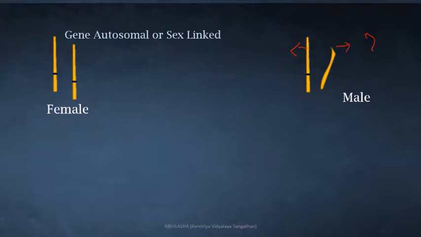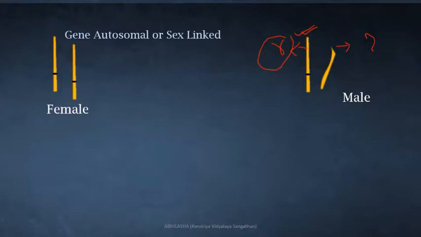If the corresponding allele is absent, then if the allele present on X chromosome is dominant, it will be expressed. Now even if it is recessive, since it has no corresponding allele on Y, this r will be expressed, or the recessive allele will be expressed even if it is in single copy.